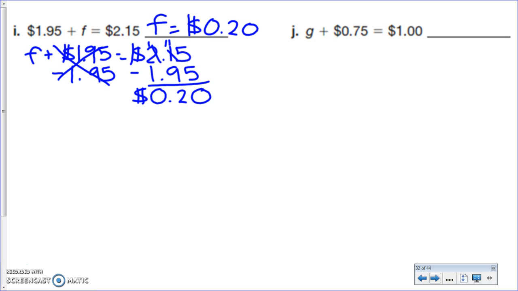And then we find out that f equals 20 cents, or $0.20.